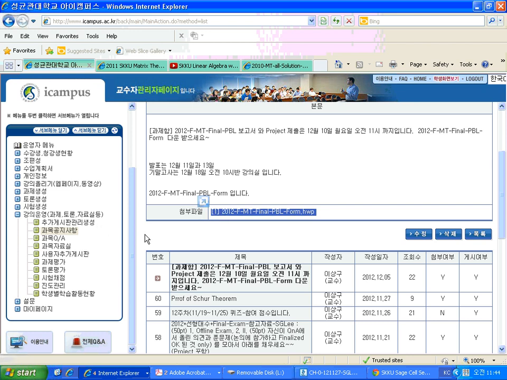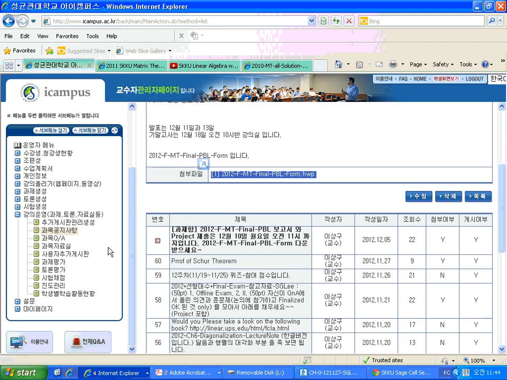I also mentioned that the one who submitted the homework first, and the one who submitted homework and project at the best status, will get the highest points, and all the others will be graded compared to the highest one. Then the difference will be made from the best to the worst.